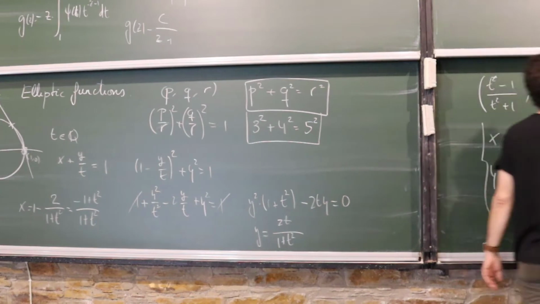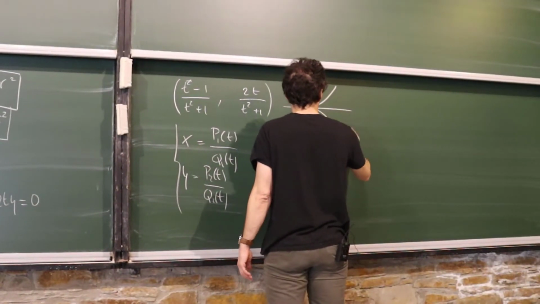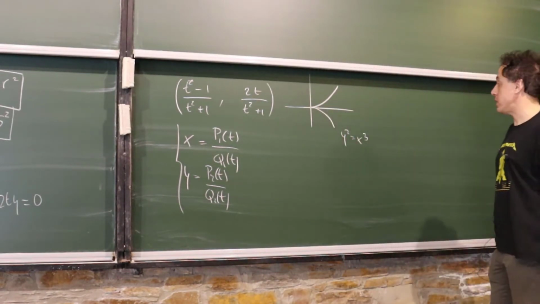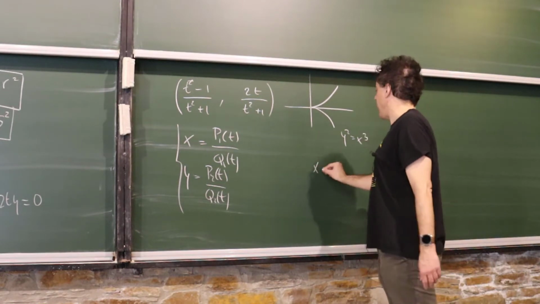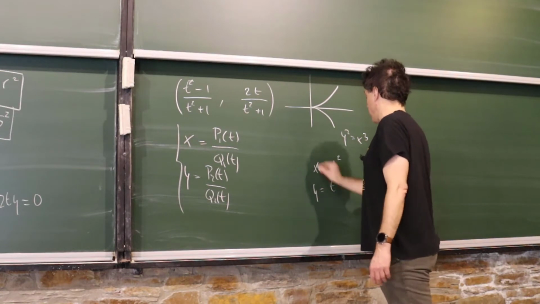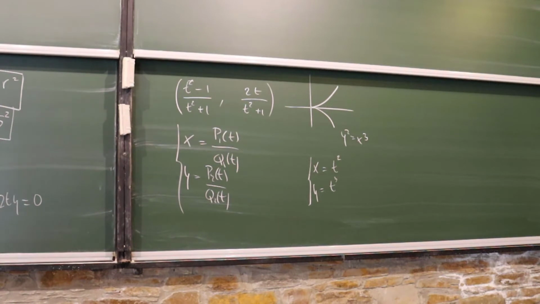For instance, the cusp, which has the equation y squared equals x cubed. Of course, it can be parameterized as x is t squared and y is t cubed, so it can be parameterized easily using only polynomials in this case, so it is also a rational curve.